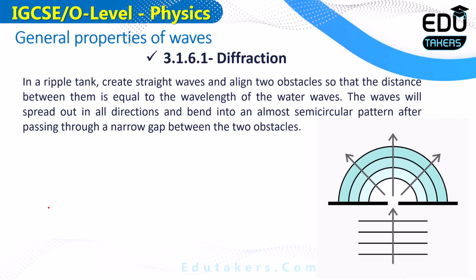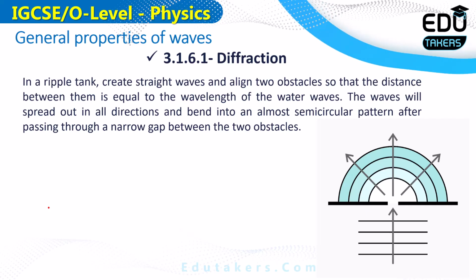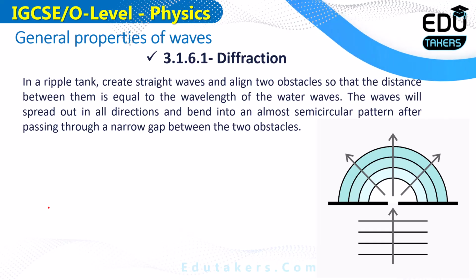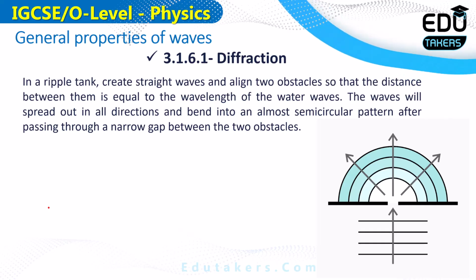Then the water waves, when going through this gap, depending upon the distance between the barriers and also the wavelength, spread in all directions after passing through the barrier and even bend into a semicircular pattern. This is called diffraction.